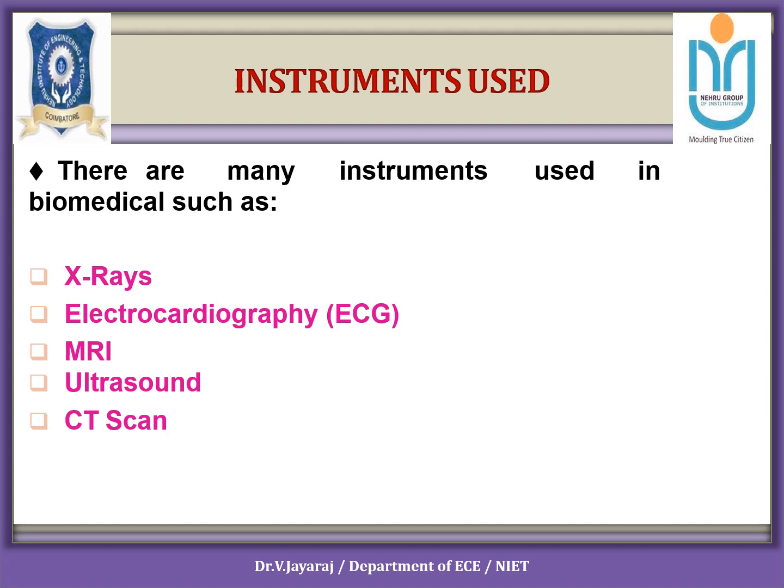Think about a scenario: what will happen if we don't have all these instruments? Nowadays, the role of a doctor is minimized to a smaller circle. The doctor meets a patient only for 1 or 2 minutes. The rest is done by instruments in the hospitals. Instruments are not operated by the doctors, so we have technicians for them.